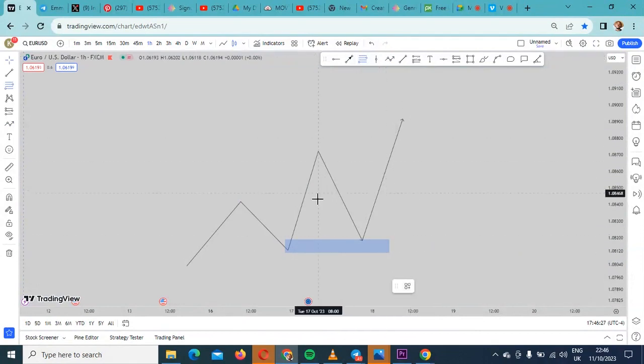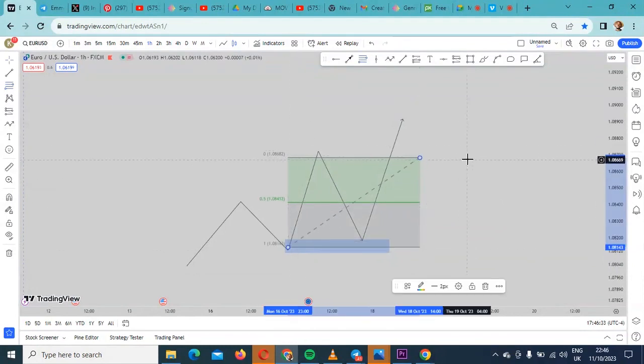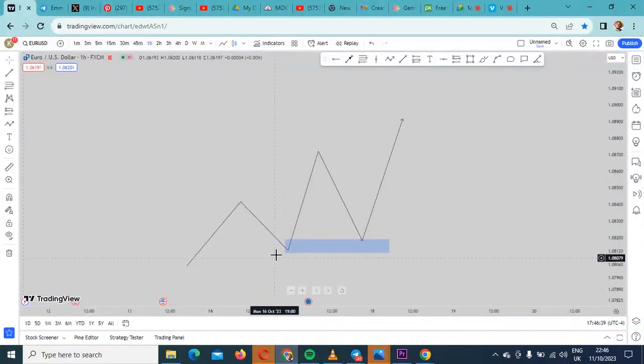One of them will drop a fib and say price went below 50% of the fib, that's why it bought. One of them will say here is a support area, that's why it bought. It bought from this place, but different ideas.